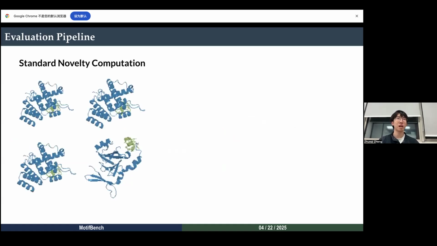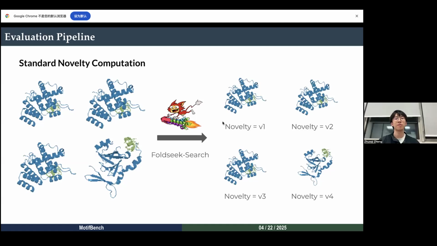For the previous evaluations, most of them just sequentially calculate the novelties using Foldseek or other methods. And then we get a novelty value for each scaffold, and then we directly average by scaffolds. So this can indeed reflect the properties of novelty for one scaffold set.